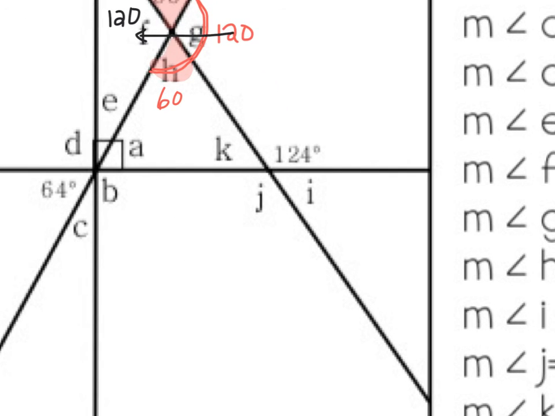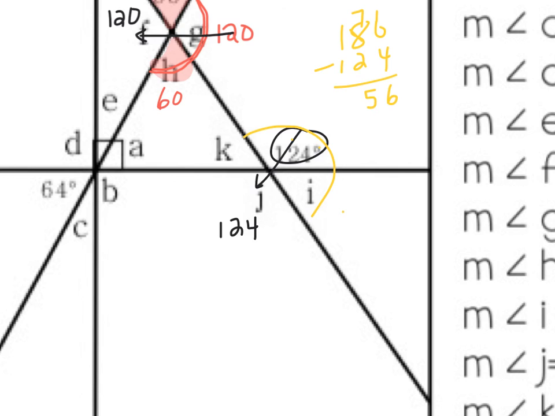Let's do this one. If this is 124, then directly across from it is also going to be 124. And directly next door to it, these two angles have to be 180. So 180 subtract 124, 56.